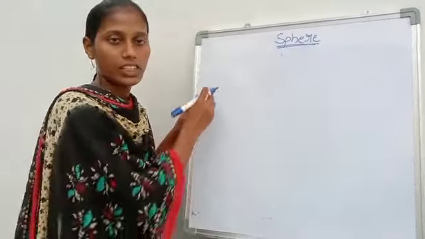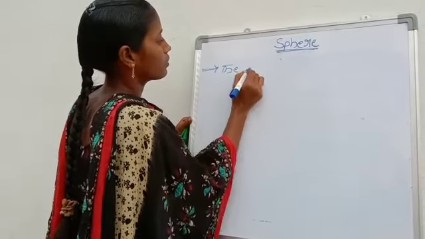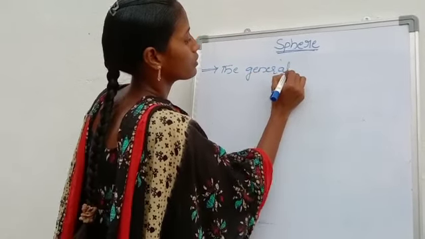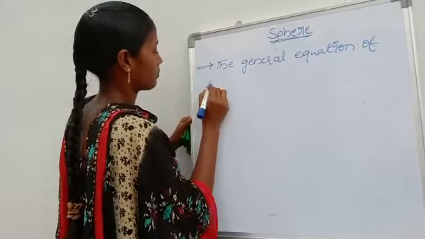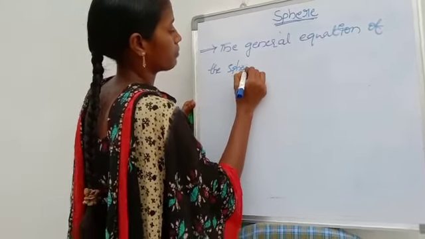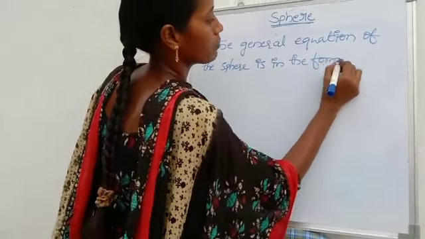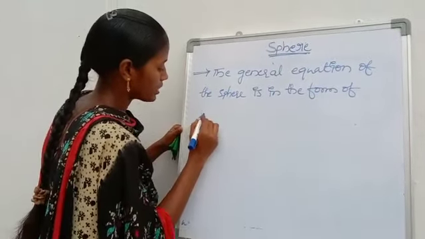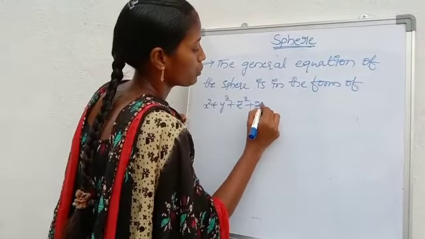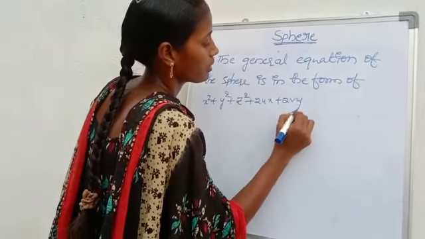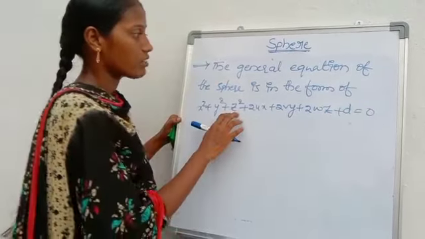The general equation of the sphere is in the form of x square plus y square plus z square plus 2ux plus 2vy plus 2wz plus d equals 0. This is the general equation of the sphere.